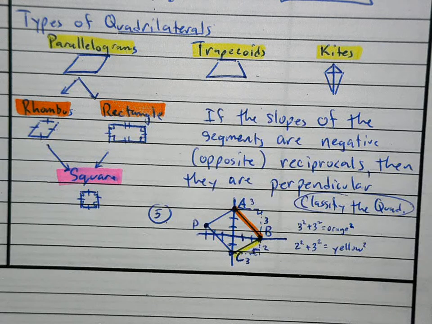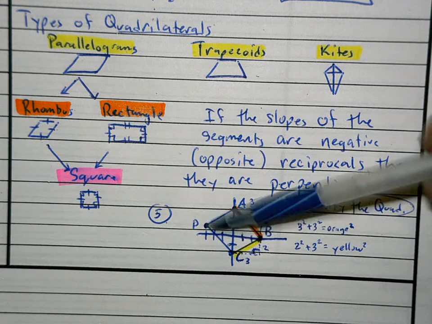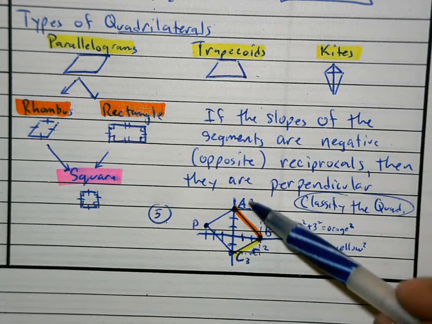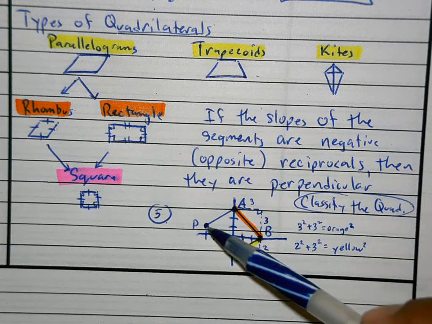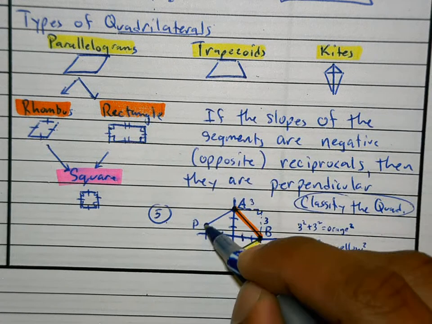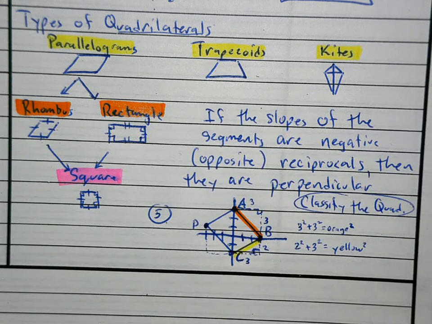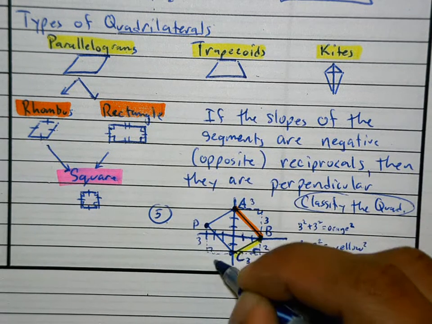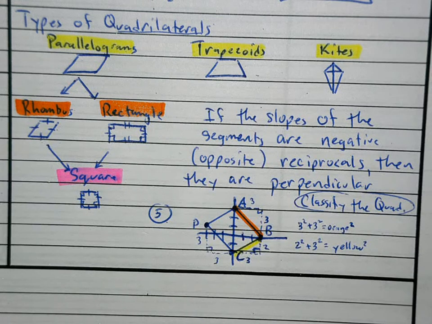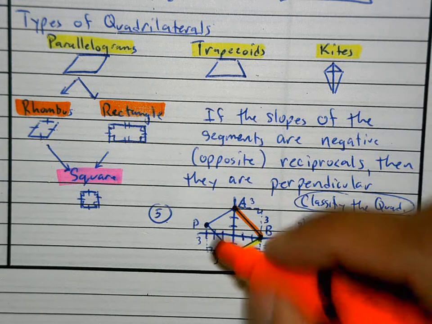I should check this side, but I have a feeling it's going to be a 3 squared by 3 squared. Let's check. Let me just draw this down and draw this over. Is it a 3 by 3? It is. What does that mean? That means that it's the same as this orange side. Agreed?